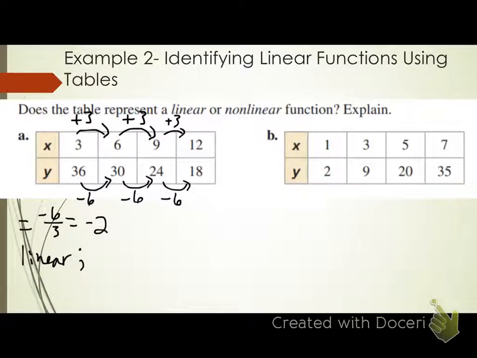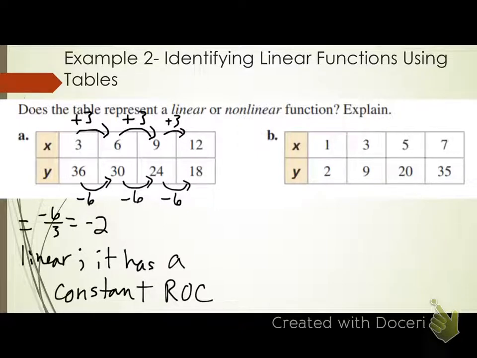It will create a line, but I've not seen that yet. My explanation needs to be based on the information that I'm given. It's linear because of constant rate of change. Very good. It's linear because it has a constant rate of change.